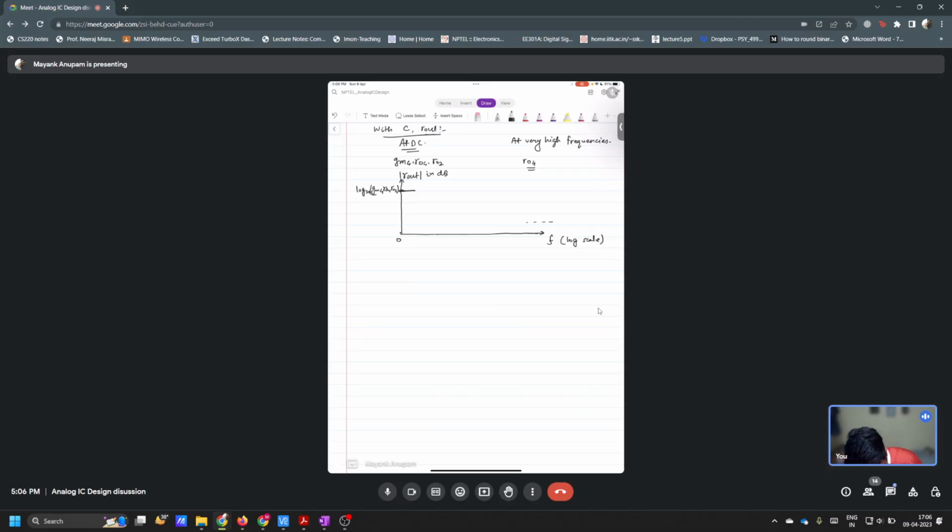Now at very high frequencies, what is the value of this? This is 20 log ro4, right? This is at very high frequencies. So somewhere it should start decreasing, and then after some frequency this will become ro4, right?